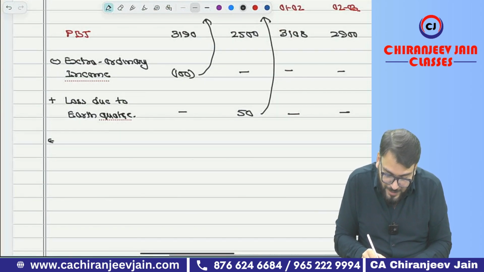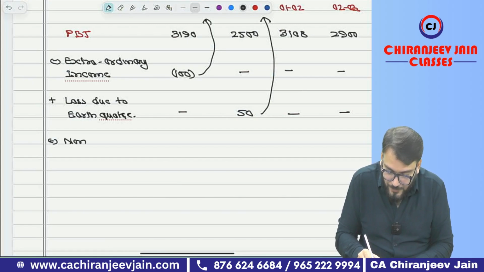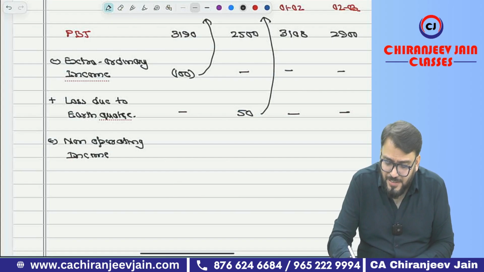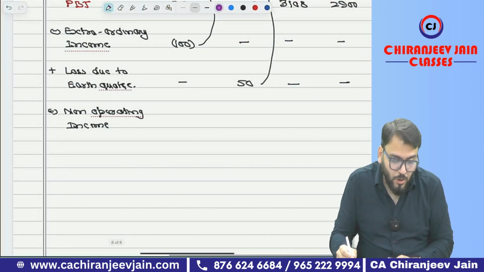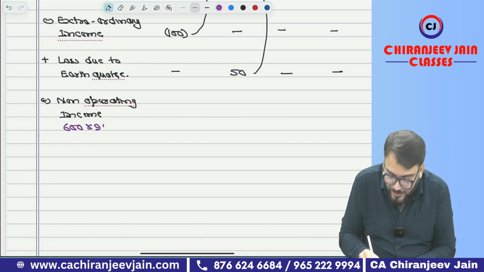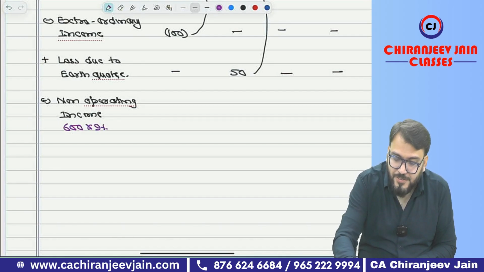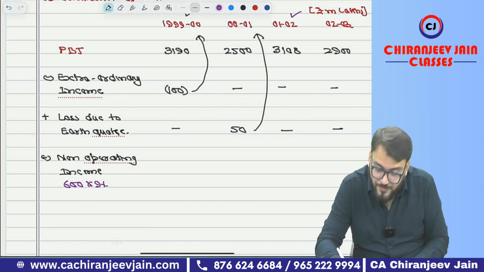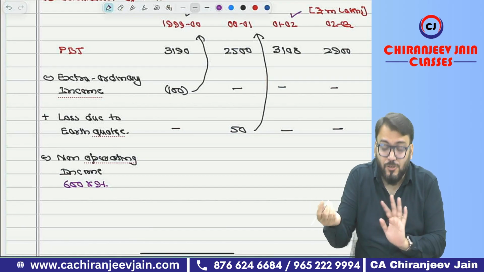Then one more adjustment we have is about non-operating income. It means the income on non-trade investment. Our non-trade investment is 600 and the rate of interest is 9%. So 9% of 600 is how much? 54. It was purchased at the beginning of the third year, so it will come in the third year and fourth year.